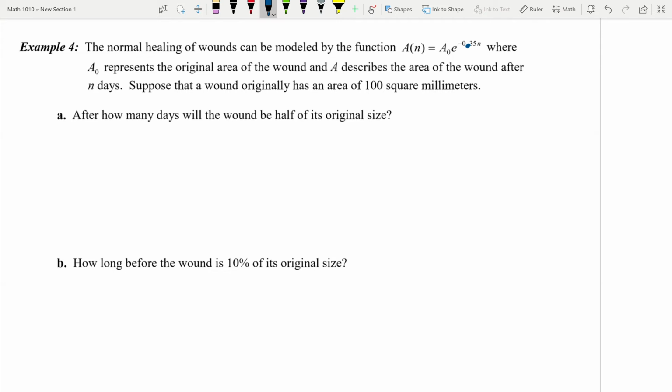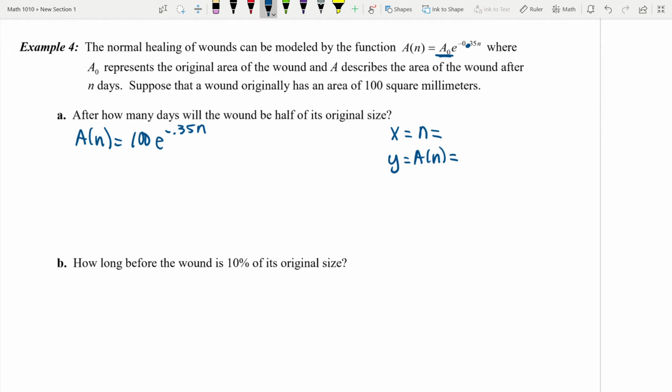Suppose you have an original area of 1,000 square millimeters. So guys, the A sub 0 is what it is to begin with. So everybody go A sub n equals 100 e to the -0.35 n. Then off to the side, I want you to write n equals and A sub n equals. The n is the x, the A sub n is the y.